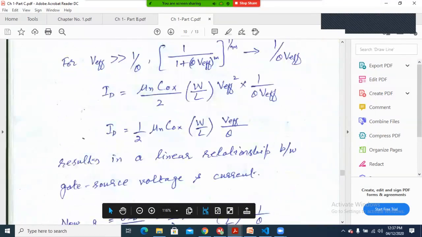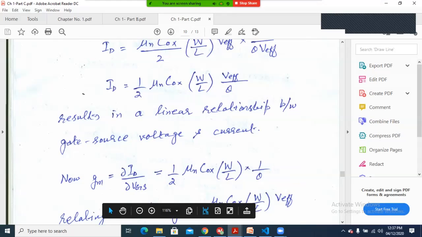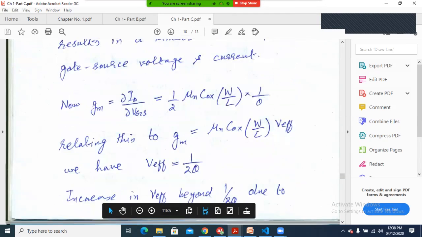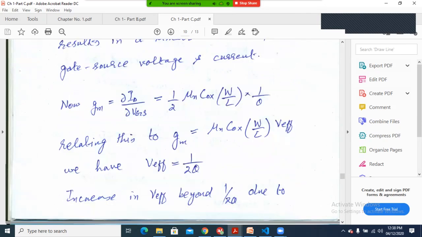For GM in the mobility degradation, we have to differentiate this with respect to VGS, and that is equal to 1 by 2 mu n Cox W by L into 1 by theta. Relating this to the value of GM, we have VF equal to 1 by 2 theta.